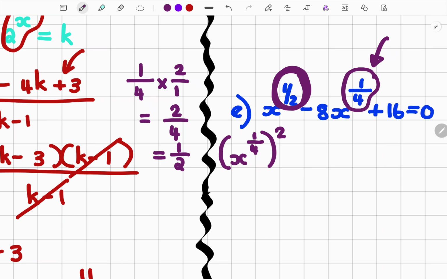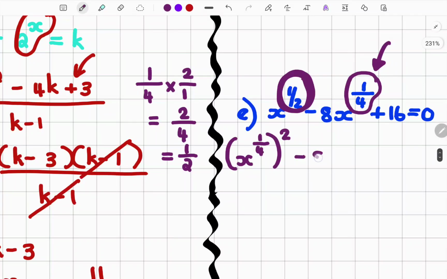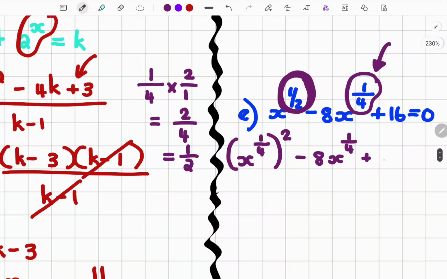So by doing so, always you take the middle term, the middle fraction's exponent, you put it by the first one, and you always raise it to the power 2. Why? Because a trinomial is always something squared, something x, just a number. Okay, and then let's continue. 8x to the power a quarter plus 16 is equal to 0.